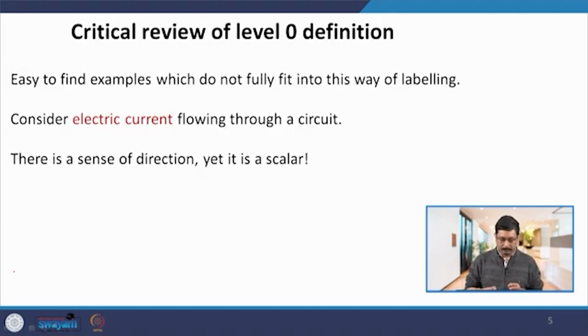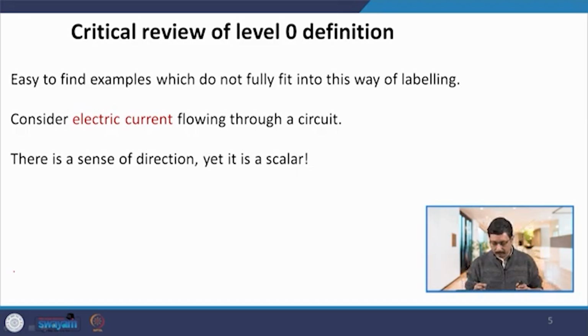Now, it is very easy to find examples which do not fit fully in this definition. Consider an electric current flowing through a circuit.